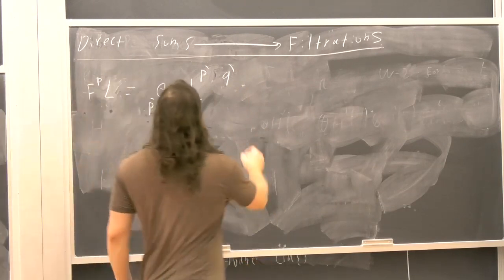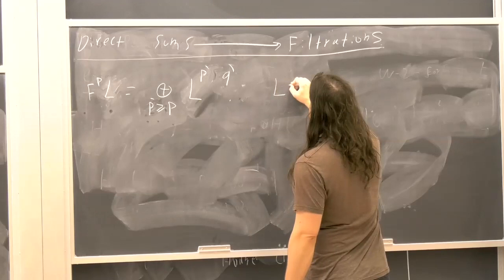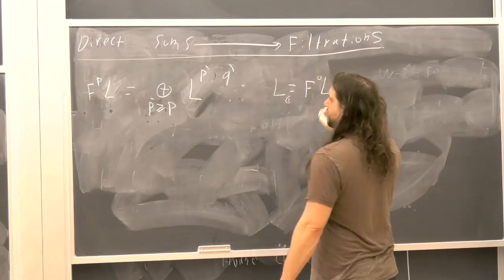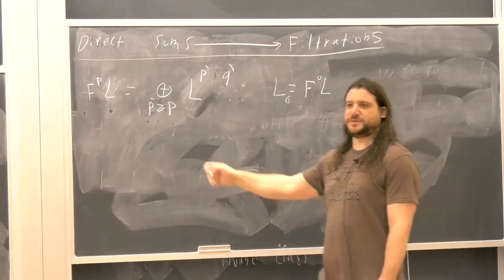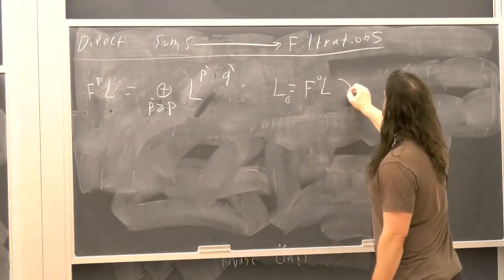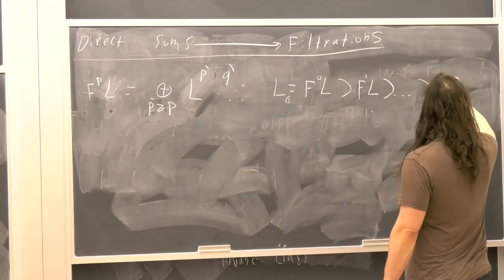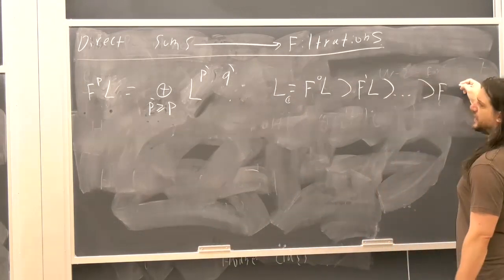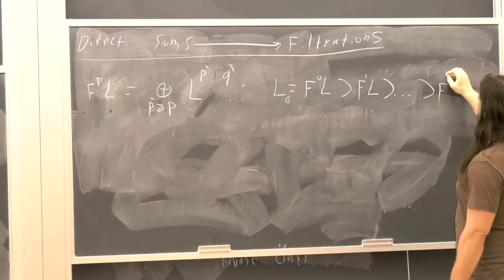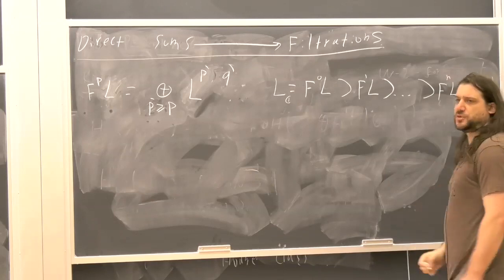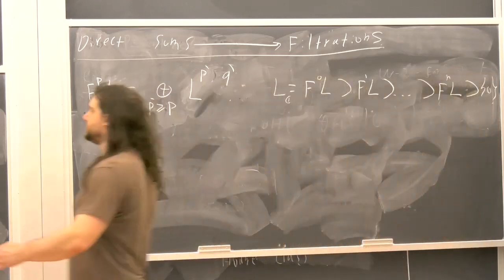So this is a descending filtration. We have L_C equal to F^0 L, which is everything, since all the p' are at least zero. And then it descends, F^1 L, all the way through F^n L. And there's no F^{n+1}; F^{n+1} is just 0 for weight n.